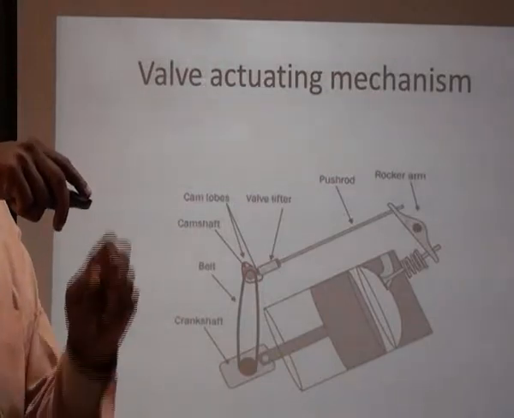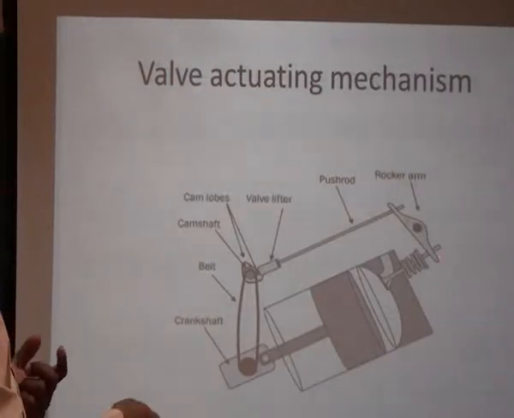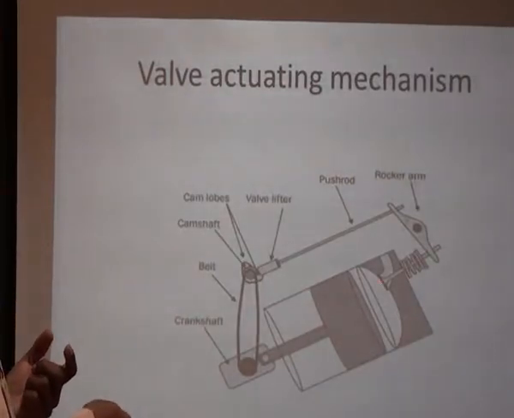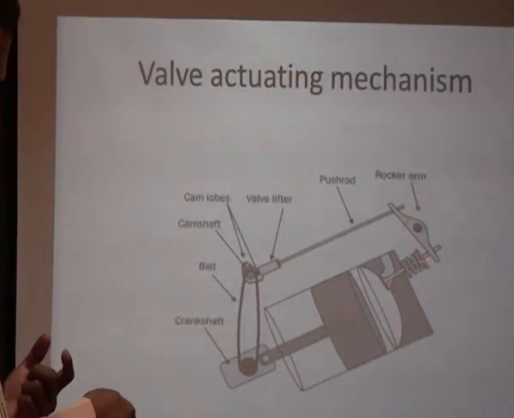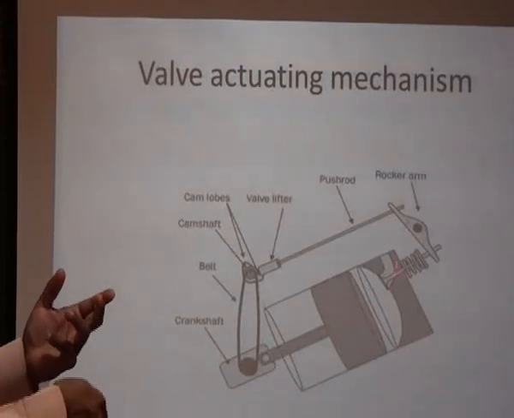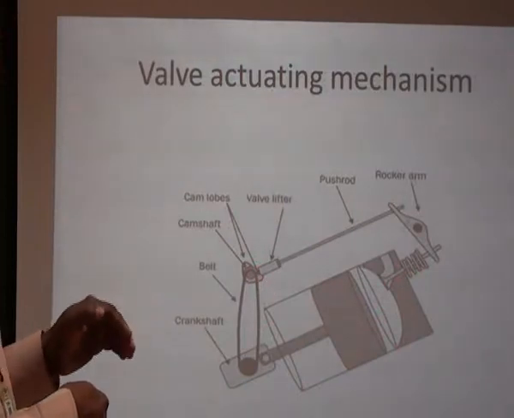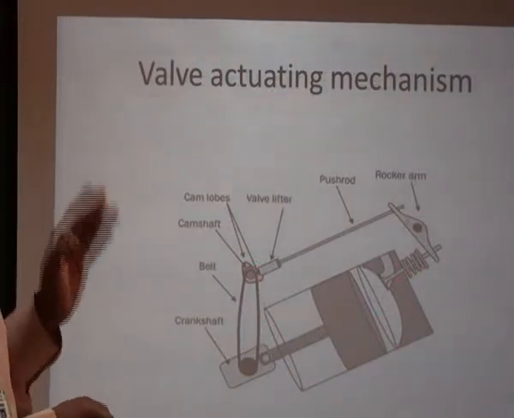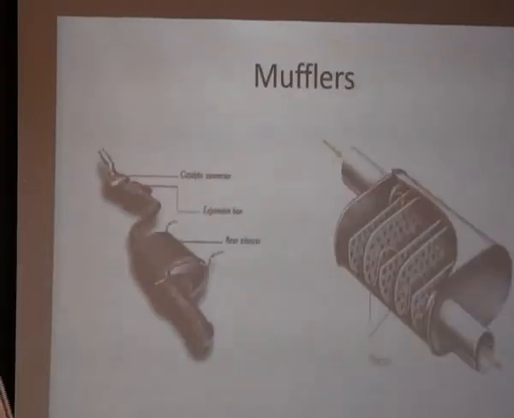This coming down will make the valve open. You can see here, this is mounted like this, this is an inlet manifold, and it pushes it down, then obviously the valve will be coming down and allows the fuel to get in, filled, closed. After the bump is crossed, it is not giving any pressure, closed. This is a valve actuating mechanism.